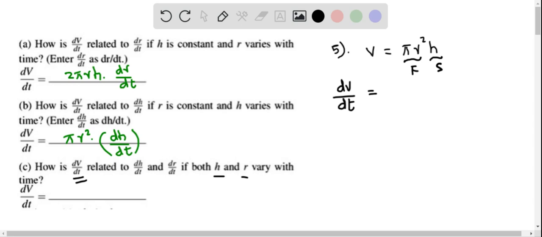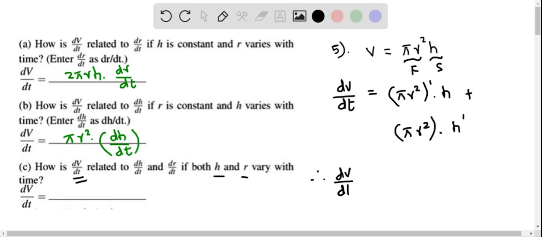So in product rule, we find the derivative of the first, that is pi r squared. We find its derivative, multiply with the second, which is h, plus, now we put the first as it is, that is pi r squared, and then find the derivative of the second, that is h prime. So let's expand this. So we get dv over dt, and this equals, we find the derivative of pi r squared.